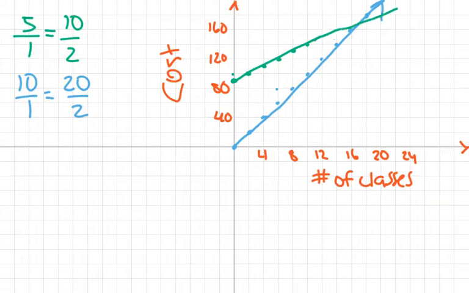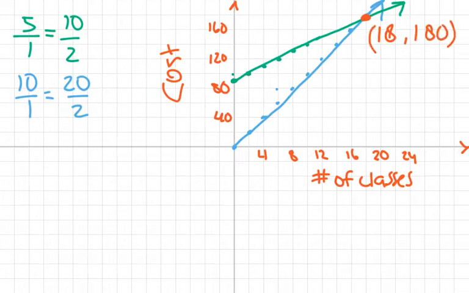This one, that's really not straight. Okay, so my point of intersection happens at 18, 180. Oh, that's letter C for you. There's the answer, 18, 180.